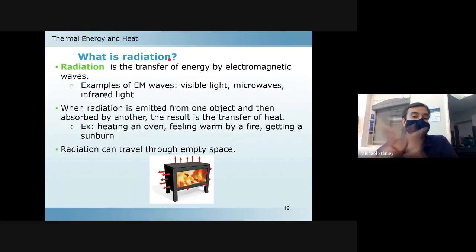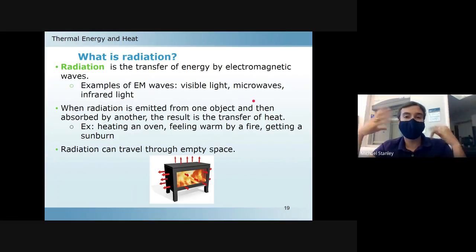That heat is being radiated out from the fire. It's transferring heat across space. So you don't have to be directly touching the fire, and you don't have to be feeling the hot air coming off the top of the fire in order to get some of that warmth.